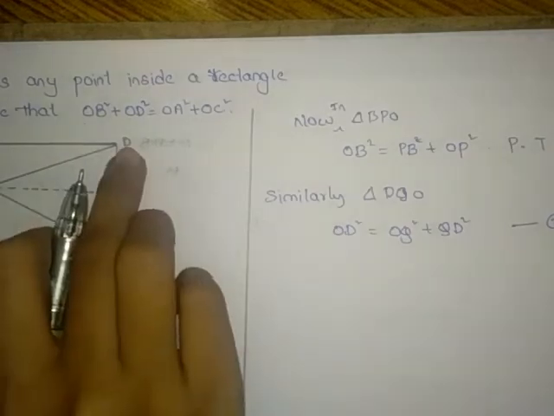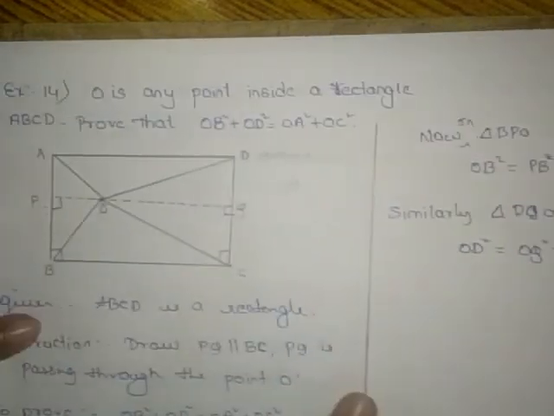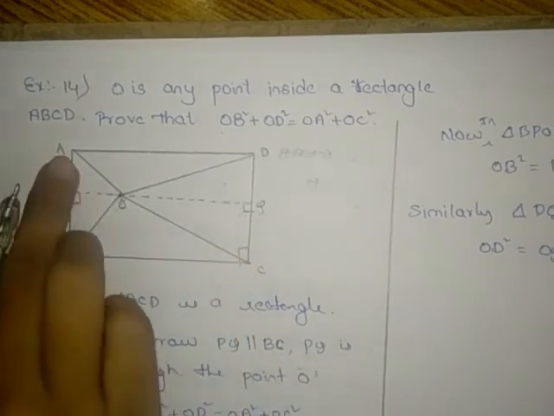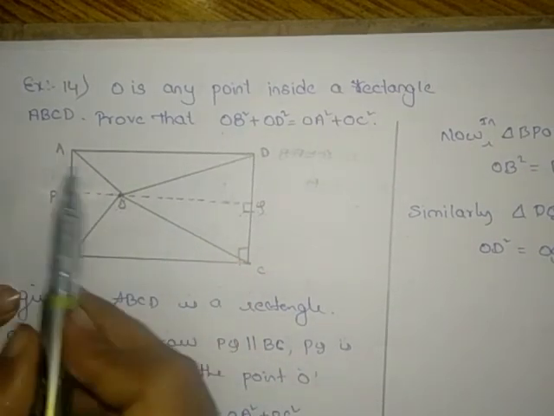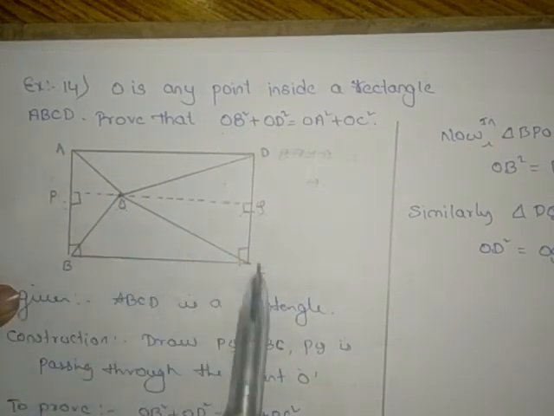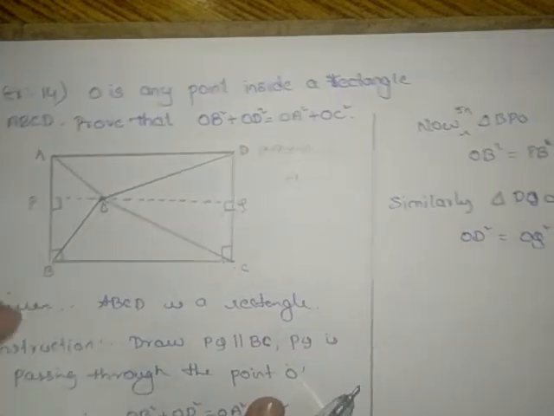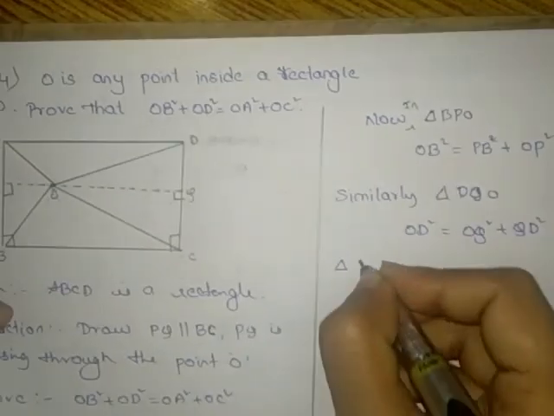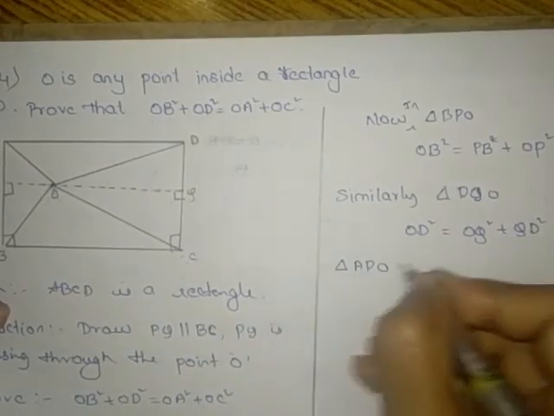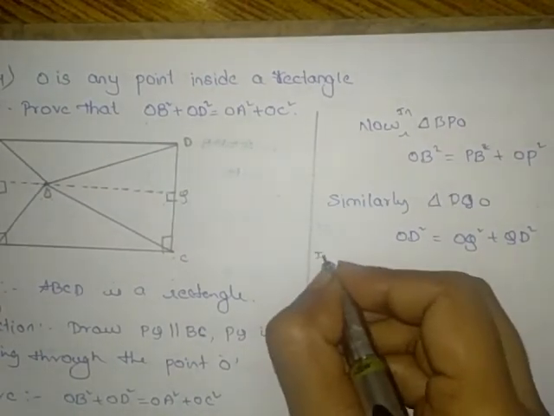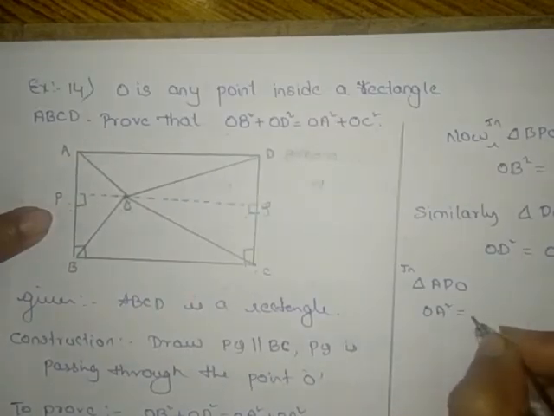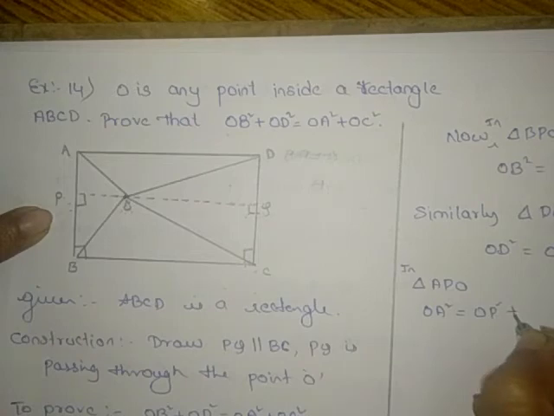Similarly we have to take these two sides. Now for these two sides we need to consider the triangle APO and triangle CQO. In triangle APO, here OA square is equal to OP square plus AP square.